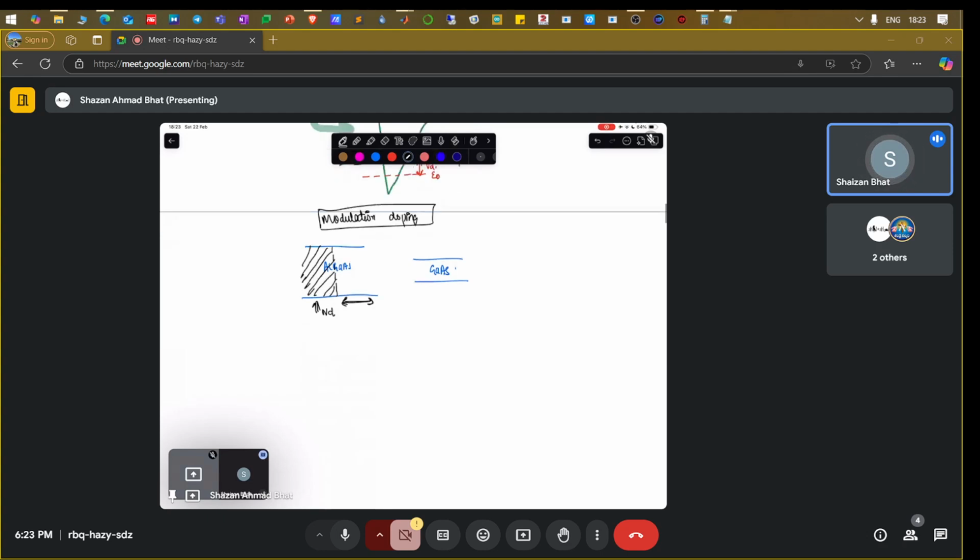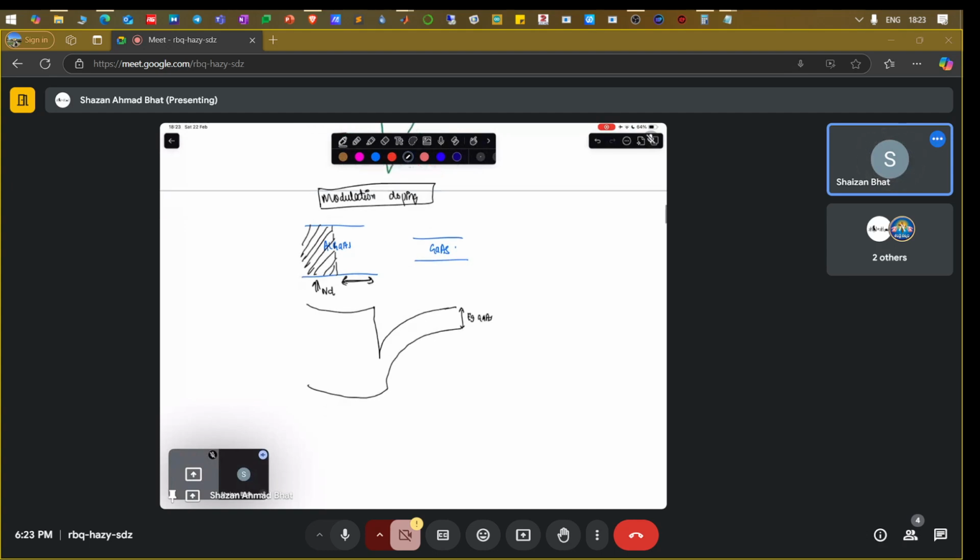Now when you combine both of them, you get a band diagram something like this, where this is the EG of gallium arsenide. When you dope this region, you have ionized impurities and you have electrons.